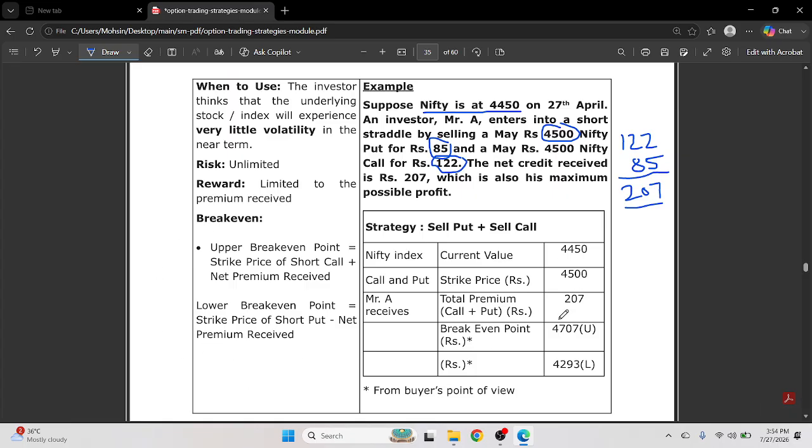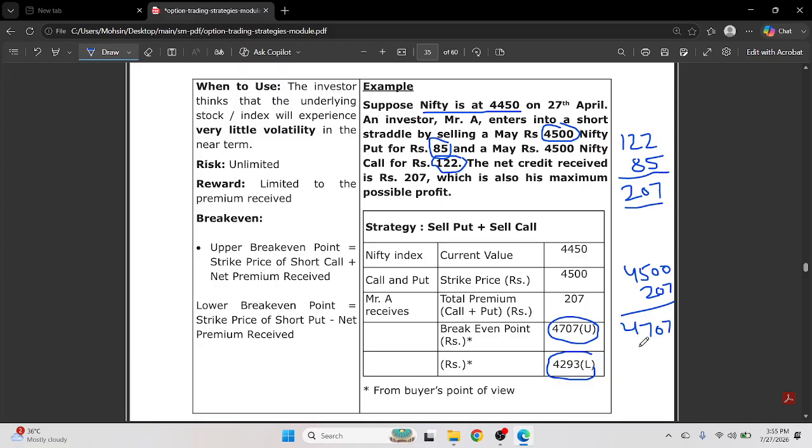As you know, we have two break-even points, one on the upper side and one on the lower side. If you add the 207 points to the strike price we have chosen, 4500, the upper side break-even point would be 4707.